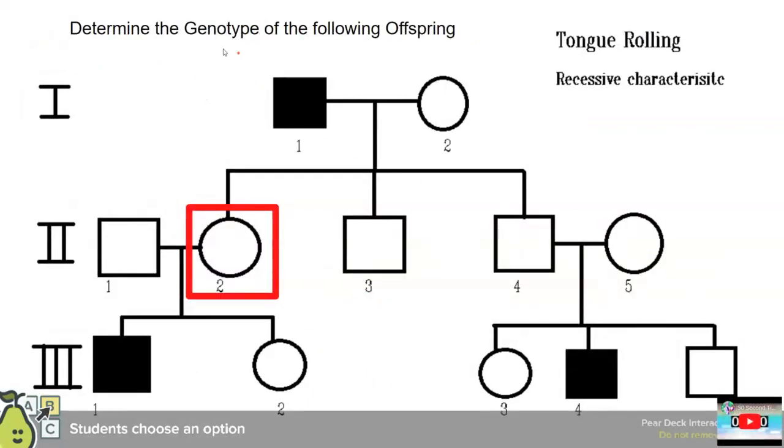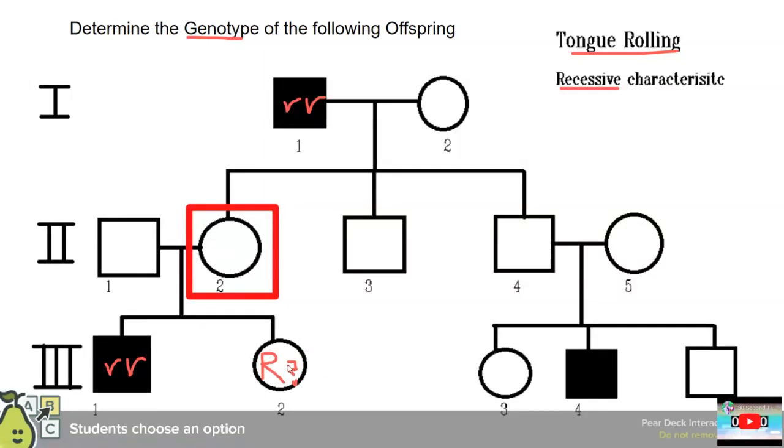Let's look at the next one. Determine the genotype of this offspring. This is tongue rolling, which is a recessive trait. So we do not express the trait here. We do express the trait here. So we know that this is a recessive trait, and we know that this one is recessive. Now, if I have an offspring that is recessive, this one could be dominant, but we don't really know.